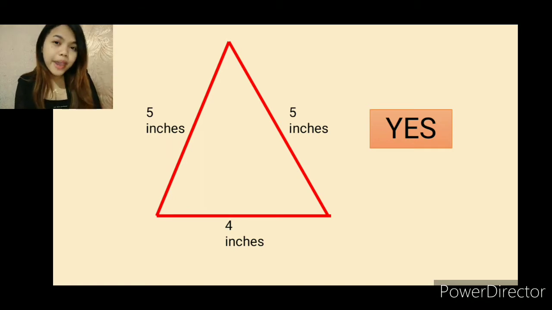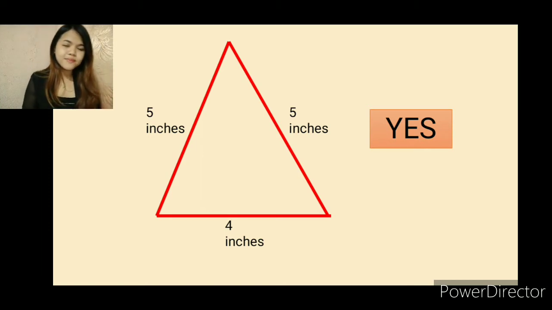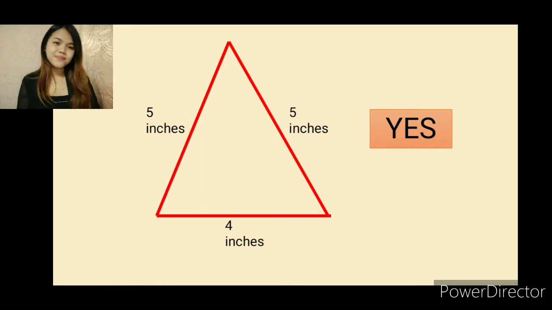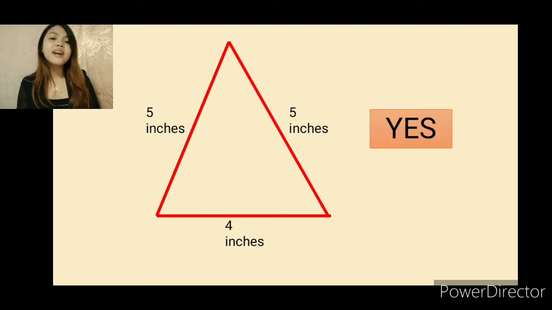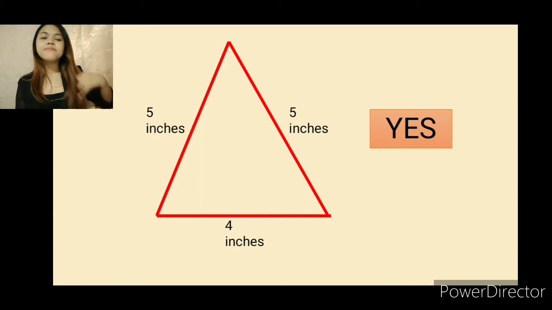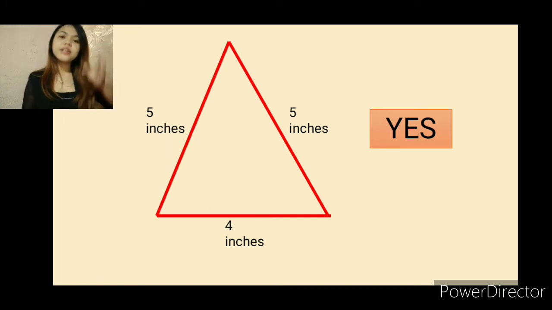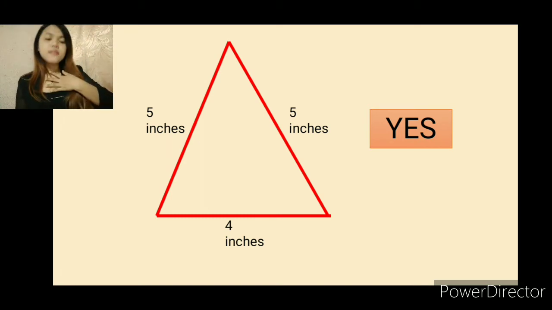How do you compare the two shorter lengths to the longest length? Again, just like in group 1 and group 3, the sum is greater than the longest side. You have 4 and 5, which equals 9, compared to the longest side, which is 5. That means 9 is greater than 5, and the lengths form a triangle.